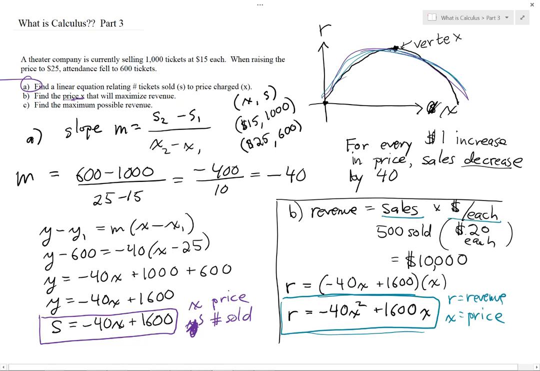So the next question comes, okay, well, how do we find the price, the value of x that results in the highest possible value of r? That's what we're ultimately trying to find.